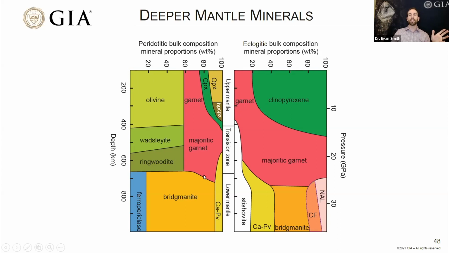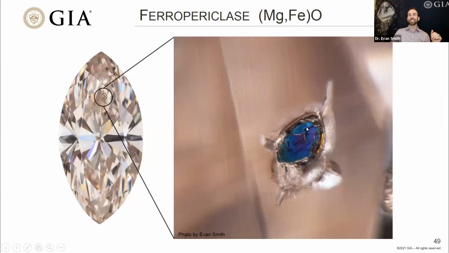Now, I'm not going to go into detail here, but I just want to show you one example of what this ferropericlase mineral looks like, because I think, and a lot of other people would agree with me, that this is one of the most beautiful inclusions in diamonds. And this is actually the inclusion I showed you earlier, this vibrantly colored purple, green, blue inclusion in this diamond.